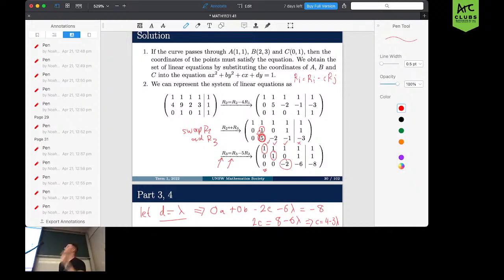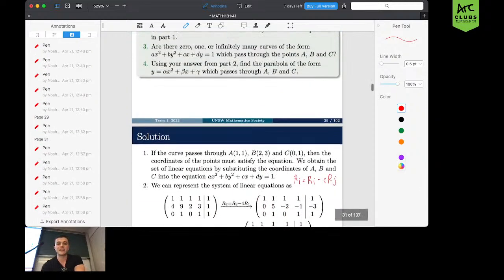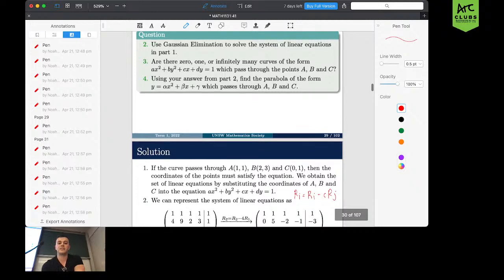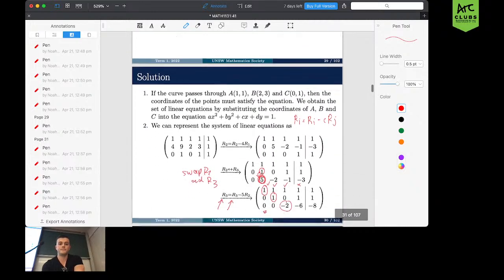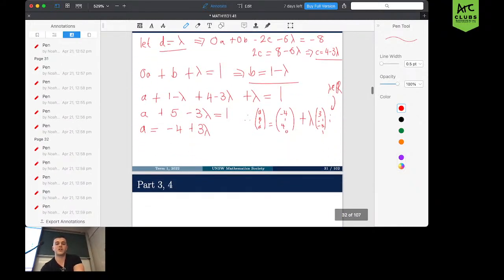And as soon as you see a non-leading column, like an X there, there's going to be infinitely many solutions. So the answer to that is that there are infinitely many curves. Cool. All right. So I guess that was 2. 3 is infinitely many solutions, simply because one of the columns was non-leading.